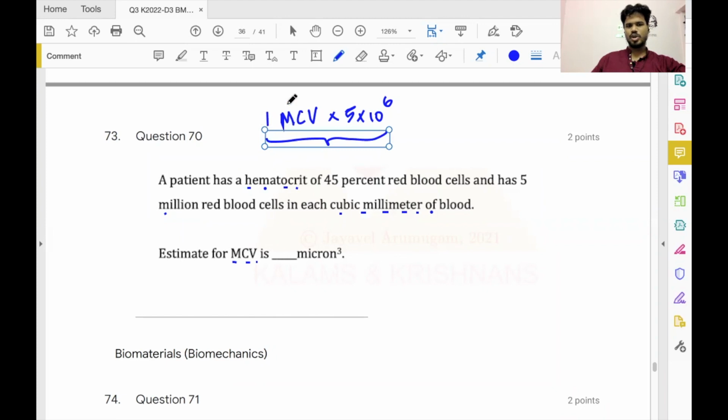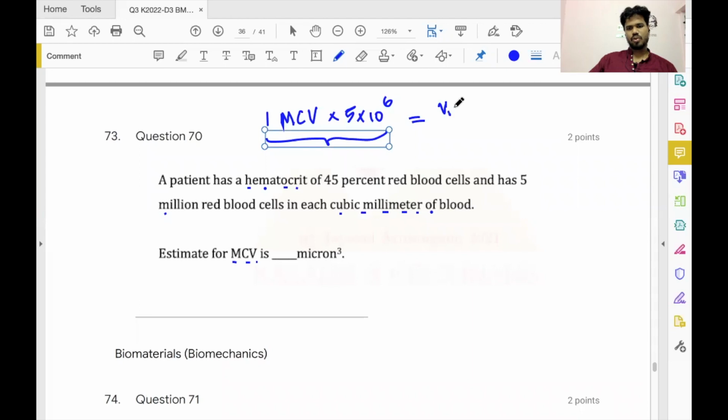This is volume of 1 RBC, times total number of RBCs in 1 cubic millimeter. What should we get? Total volume of RBCs.